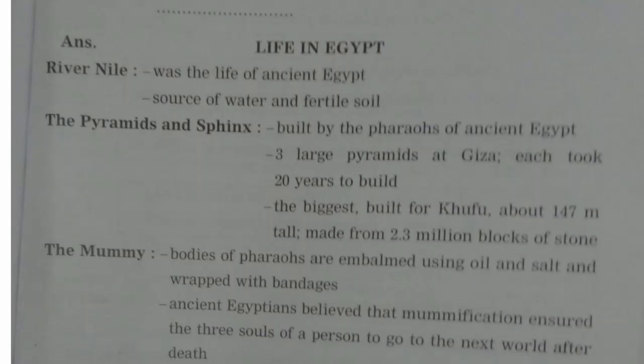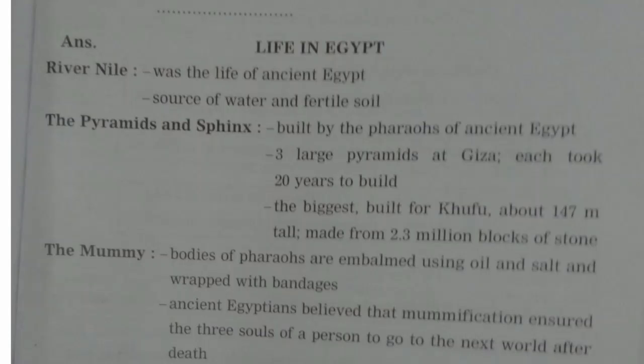Was built by the pharaohs of ancient Egypt. 3 large pyramids at Giza, each took 20 years to build. The biggest built for Khufu, about 147 meters tall, made from 2.3 million blocks of stone.